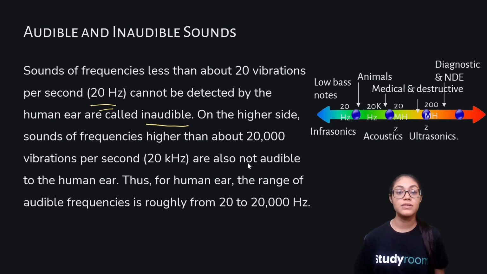That makes it inaudible. Thus, for the human ear, the range of audible frequencies is roughly from 20 to 20,000 hertz. A frequency higher than 20,000 and a frequency lower than 20 hertz cannot be heard by humans, right?